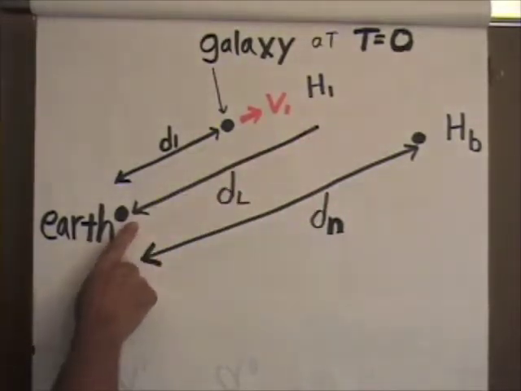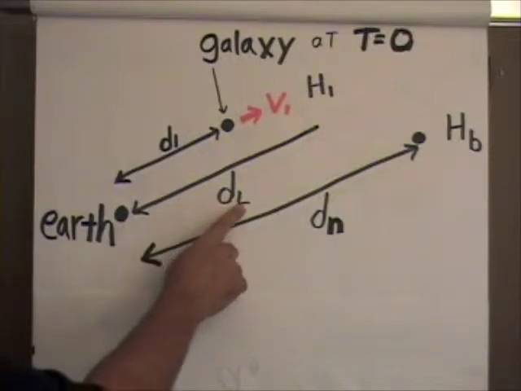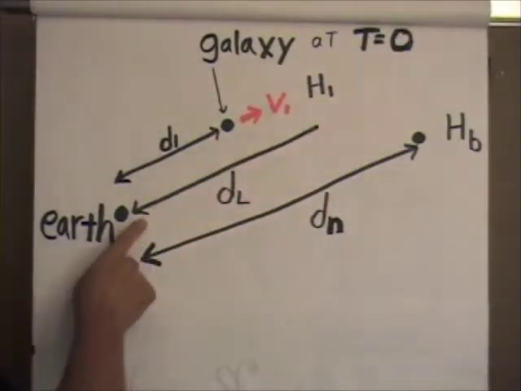And the distance that light traveled is noted as dl. And that is the distance that cosmologists calculate when they calculate the distance by various methods based on the light that's observed on Earth.